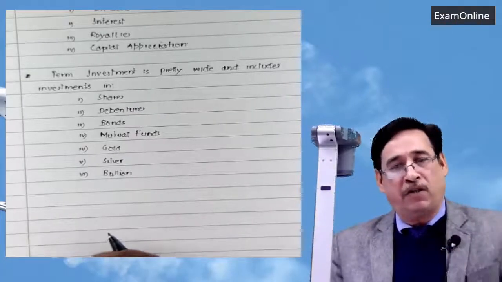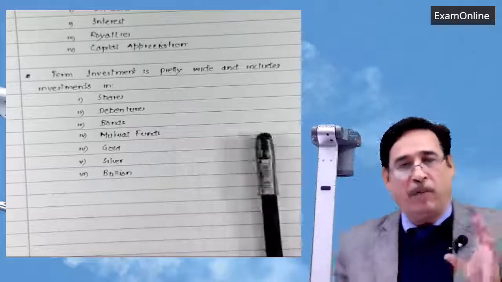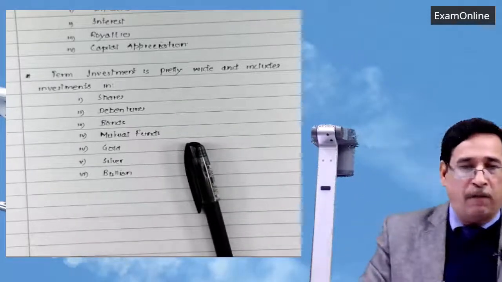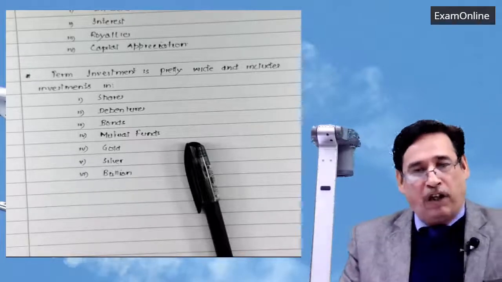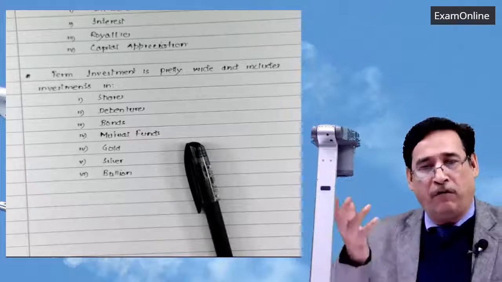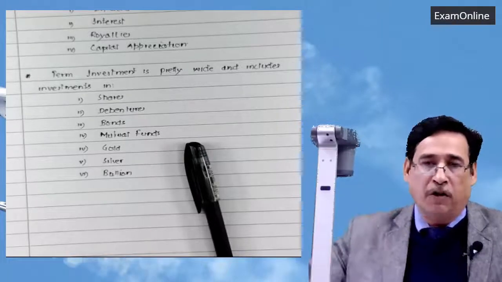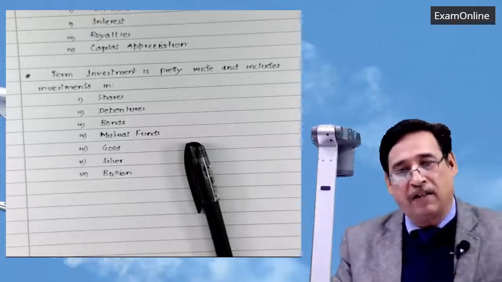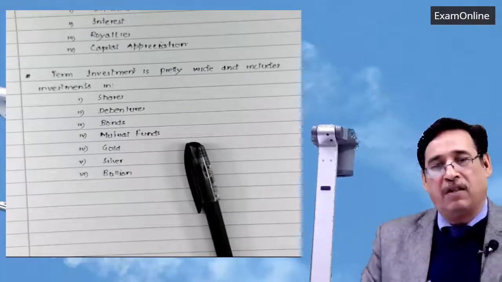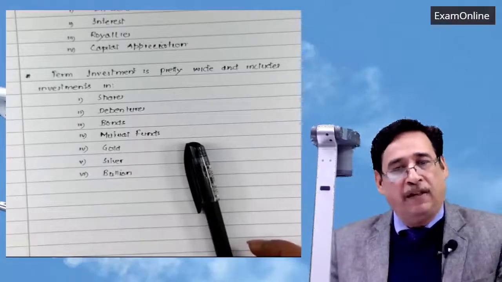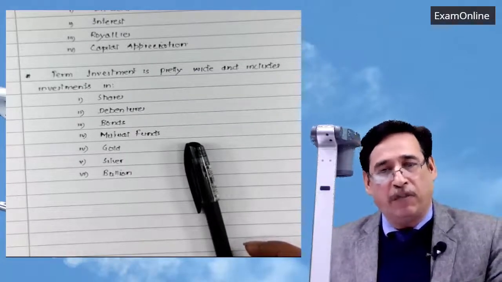Suppose I have purchased a piece of land, and the basic purpose of acquiring that land is not to use it in our business. Rather, we have invested the amount in the land so that later on when the price rises, we would sell it off. That means the purpose of this investment in land is not to use the land in our business, rather to sell it off. So that is nothing but investment in land. Are you getting my point?